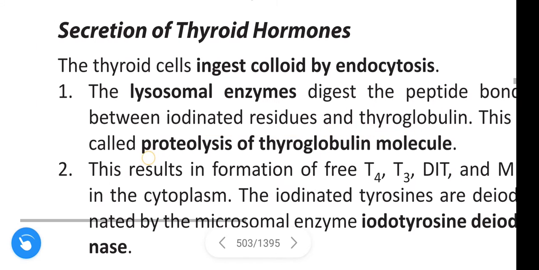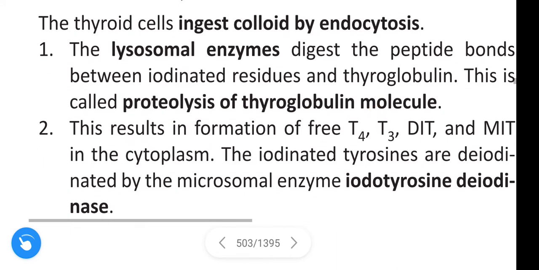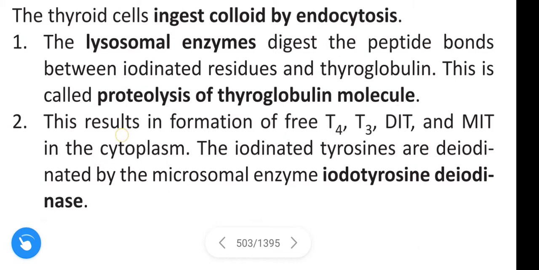This is called proteolysis of the thyroglobulin molecule. This results in the formation of free T4, T3, DIT and MIT in the cytoplasm.